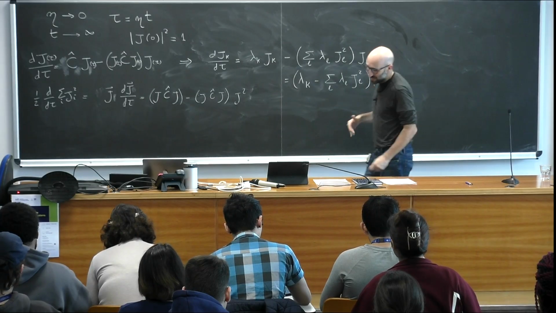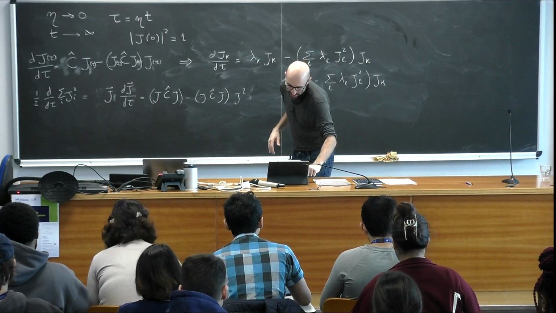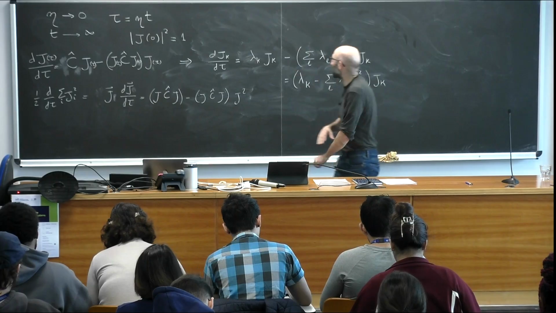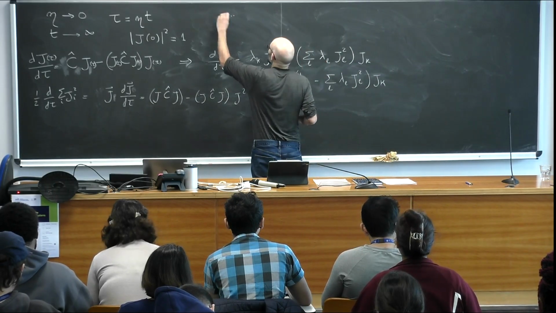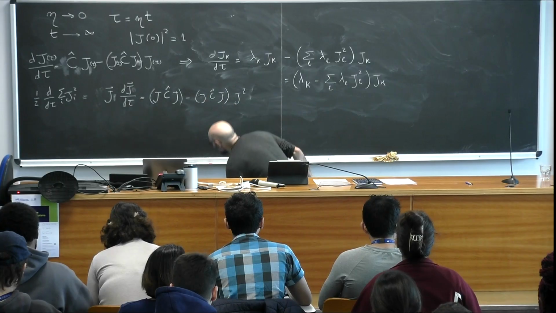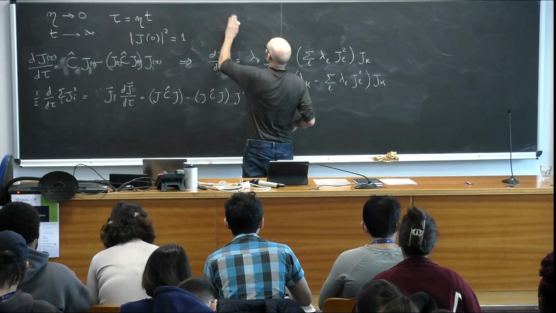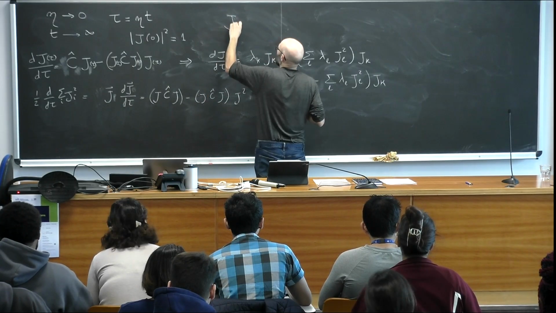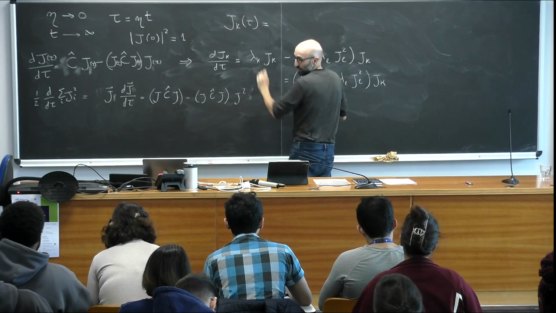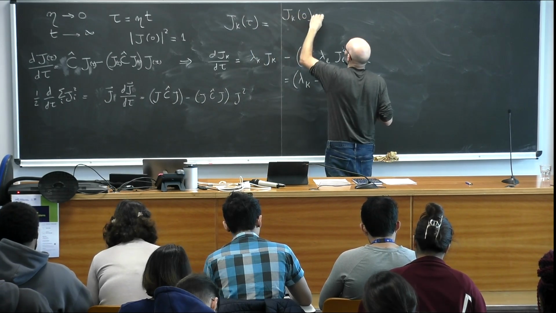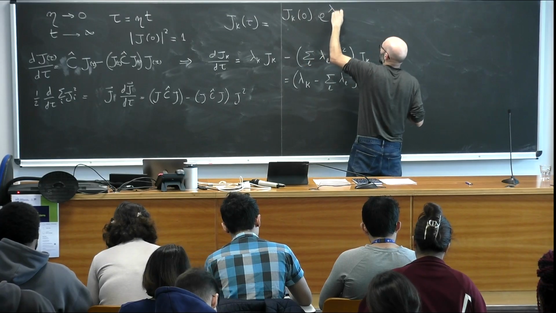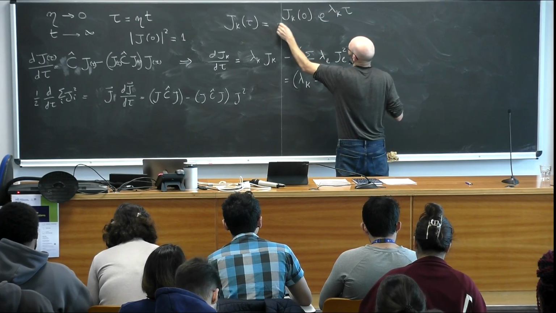You can solve this, and it's easier to check than to derive, but you can show that the solution of this equation is jk of tau equal to jk of 0 times exponential of lambda k tau, normalized.